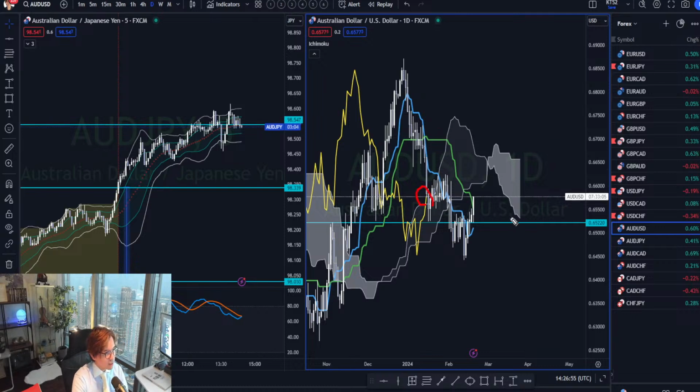So although Senkou span A is down, Kijun Sen is down, because of these two conditions, this is range to me. So I think the market continues range from here. That's my expectation. So this is not a good market to trade for me.